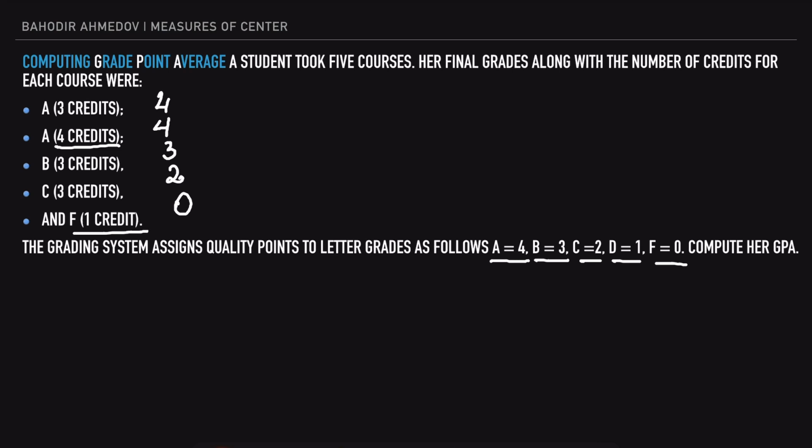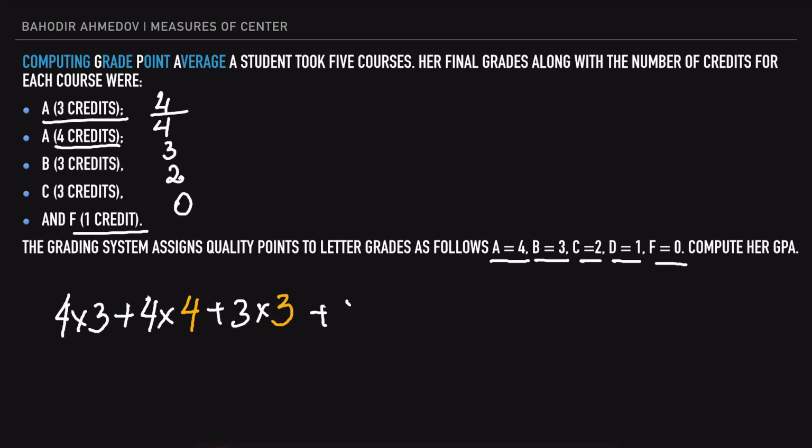So in order to find the weighted mean, we multiply every grade by its weight. In this case, 4 times 3, since she took 4 in the first class with 3 credits, plus 4 from the second class with 4 credits, plus 3 times its credit of 3, plus 2 times its credit of 3, plus 0 times its credit of 1.